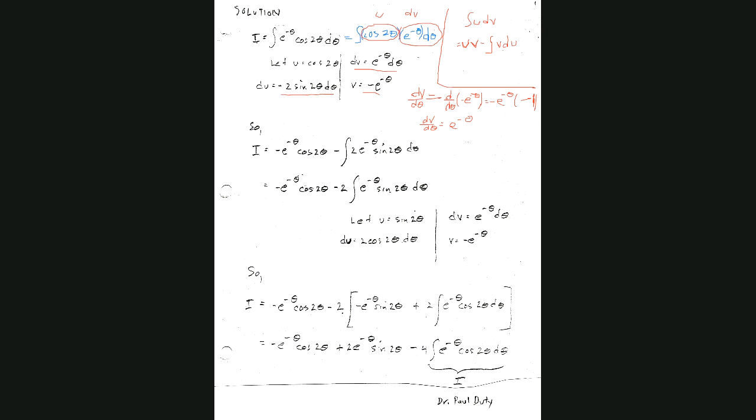So, okay, we do an integration by parts. Here we go. So I got u times v minus the integral of, well, this whole thing here equals v times du.